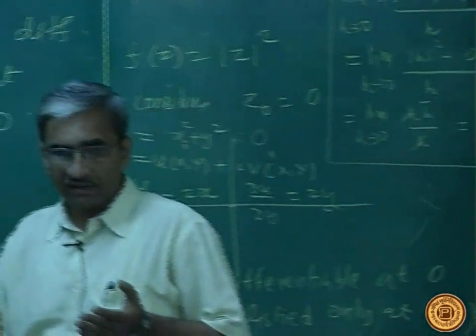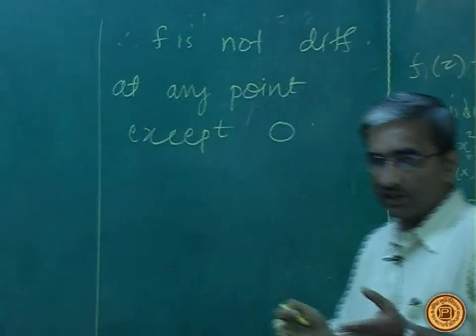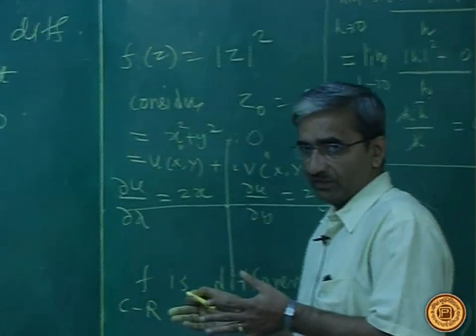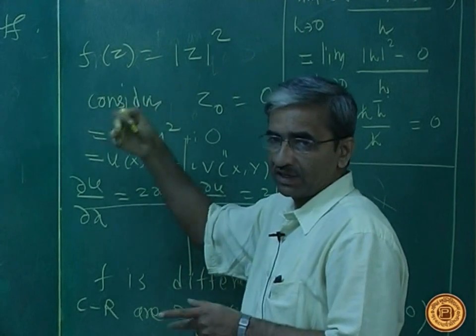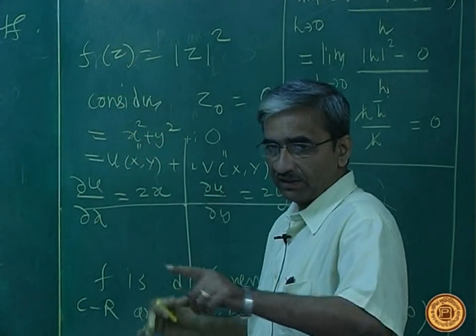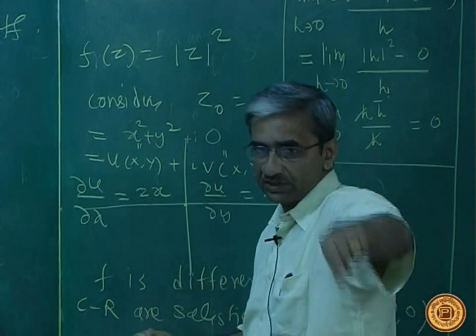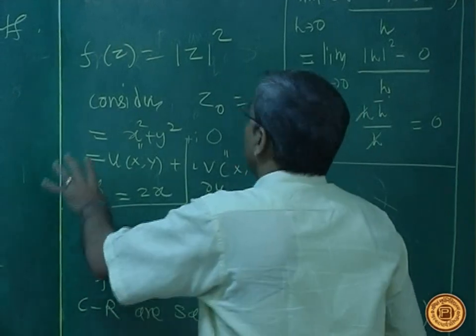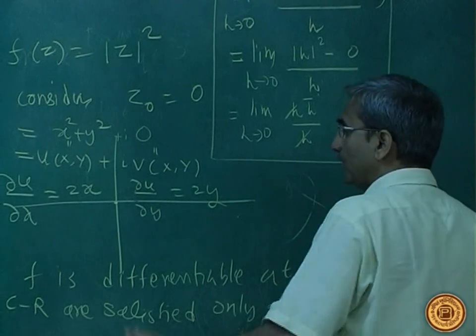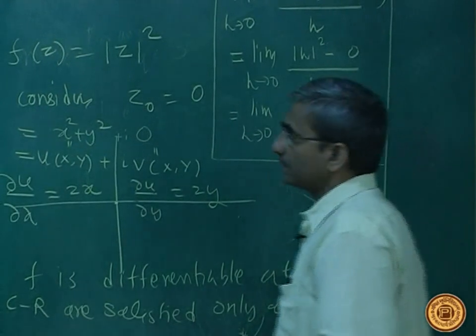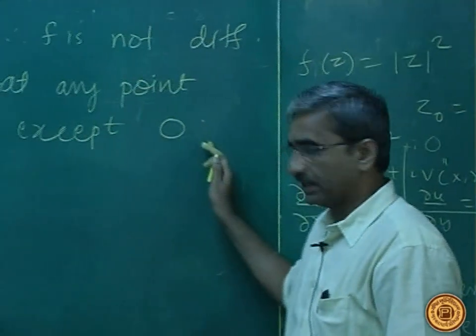And Cauchy-Riemann equations are a necessary condition for differentiability. That is, if at a certain point Cauchy-Riemann equations are not satisfied, then at that corresponding complex point the function is not differentiable. So, other than (0, 0), at no point are Cauchy-Riemann equations satisfied. That means f is not differentiable at any point except 0.